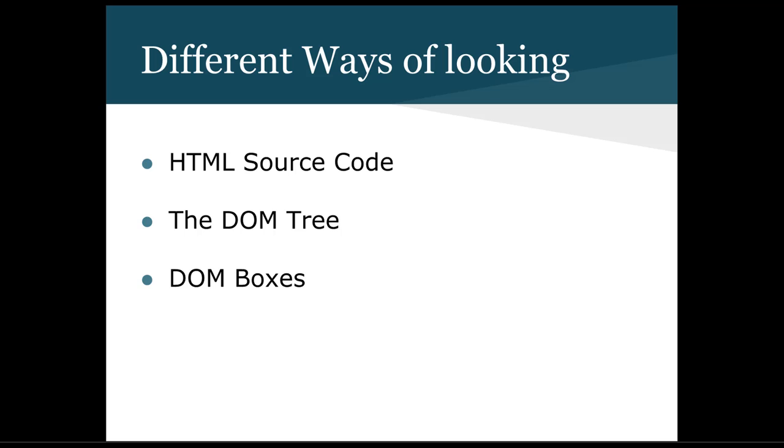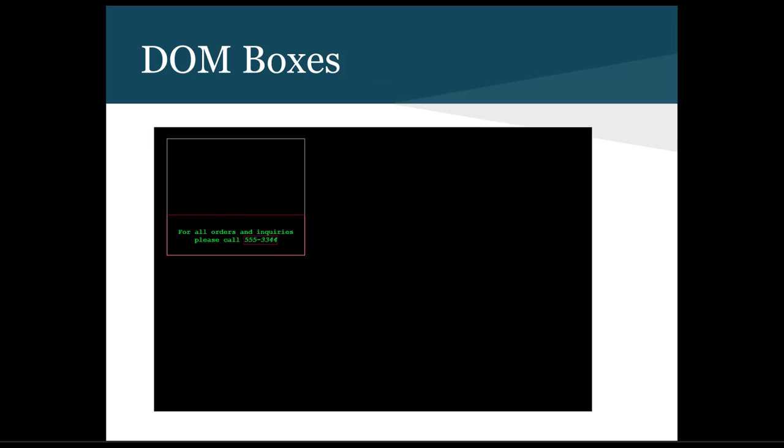So we already know what HTML source code looks like, and we can see how those elements are related to the document object model tree. Now we're going to take a look at DOM boxes. This is our page rendered with Ghost CSS. Ghost CSS is really good at showing where all the boxes are. No matter what an element looks like, it takes up a square-ish space on the page.